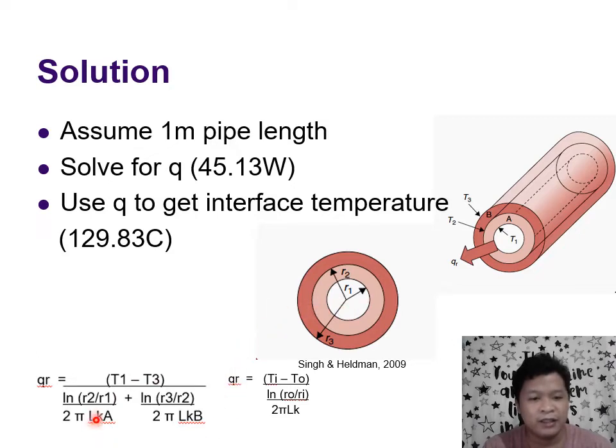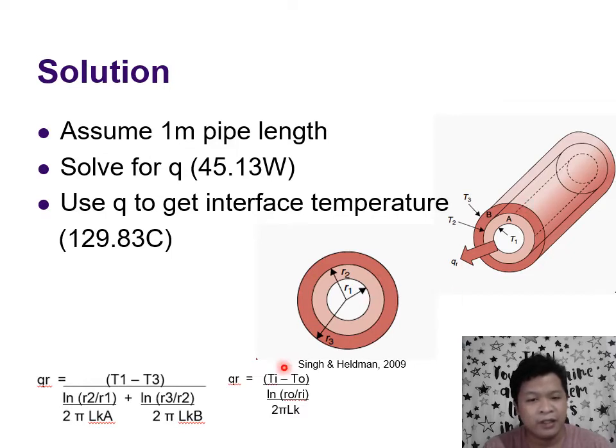Okay, and then you have the A values, you assume an L of 1. You have the K values. So you can get this, and it will be 45 watts per meter length of pipe. That's very small because you're using a very effective insulator.